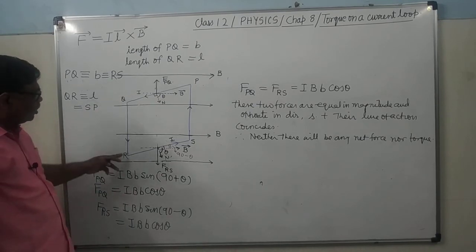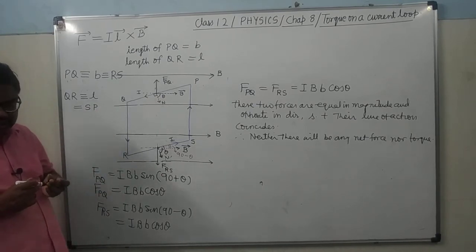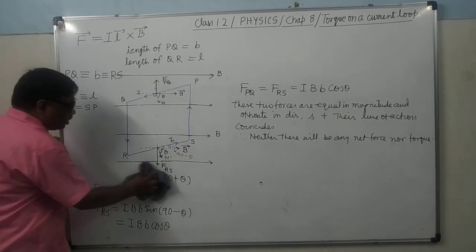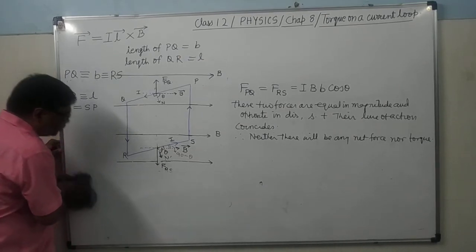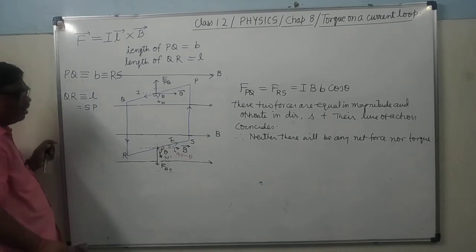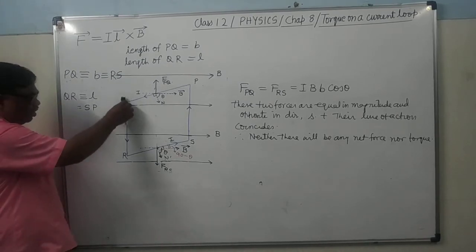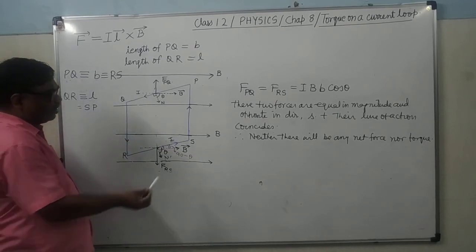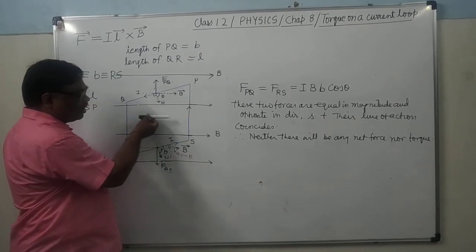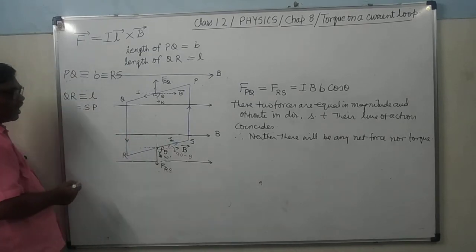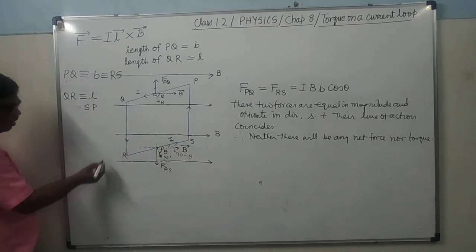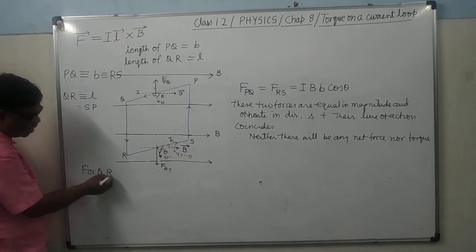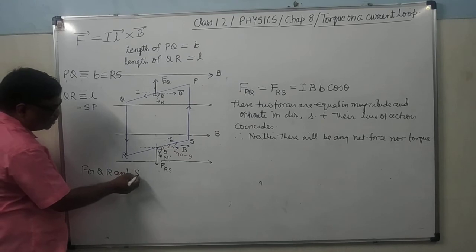Now you see over the segment QR and over the segment PS. So what will be the force acting on the segment QR and over the segment PS? You can see here, current is flowing vertically downward. Magnetic field is horizontal, which means the angle theta will be 90 degrees for QR and SP.